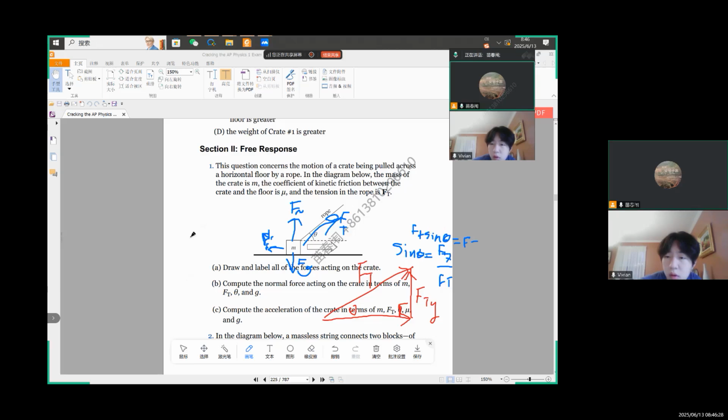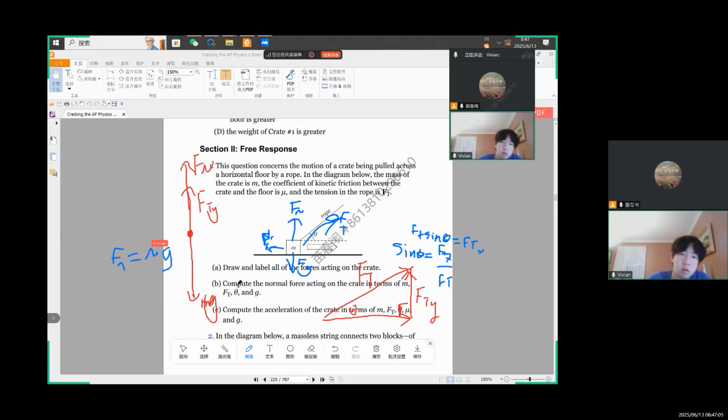So since I have FTy, can I find the normal force then? You have this one and this one added together, which is going to be mg. Saying this is FTy and this is F normal, can you make an equation for this? Newton's first law: F net is 0, right? F normal equals mg minus FTy.